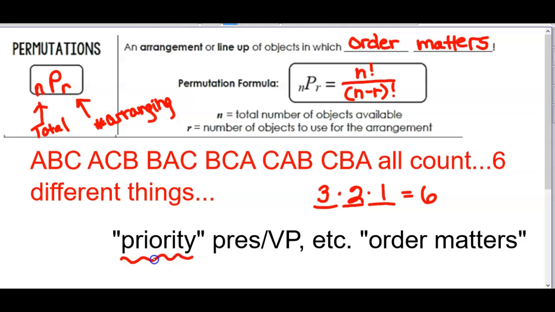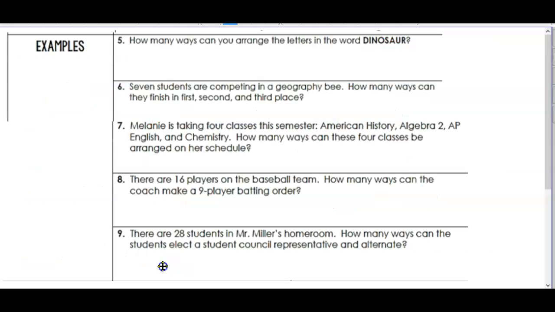Permutation I associate with priority, meaning the order matters, it's different. There's a priority given, okay? And we will talk about choosing a president and a vice president versus a committee where it doesn't matter what order you were put on the committee.